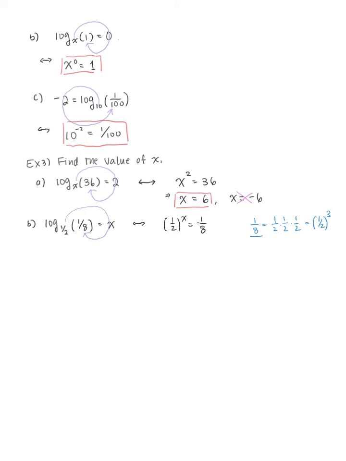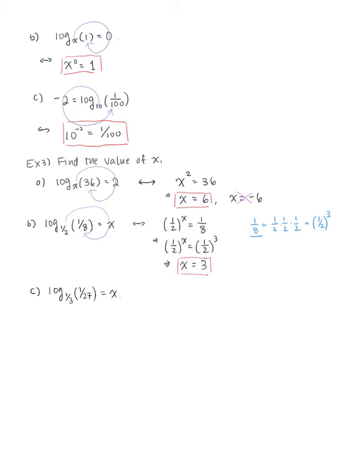So what I'm going to do is rewrite this as 1/2 to the x equals 1/2 to the third. Now since our base is the same, we can equate the exponent. So that implies that x equals 3. So that's our answer.